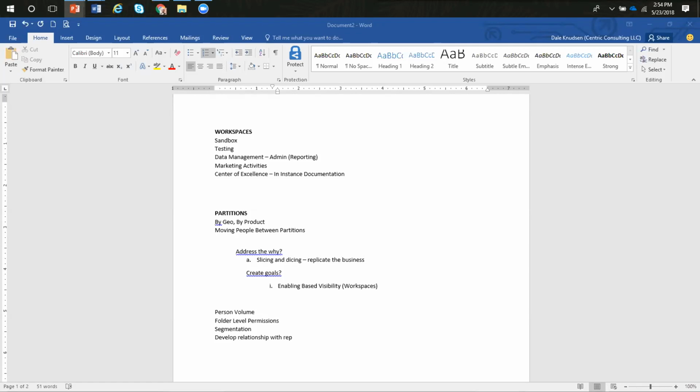As you have API connections pushing data into or out of Marketo, you don't want those to interfere with other workspaces and partitions. Even if you have workspaces and partitions in place, you still have one launch point center in that instance that writes to the database within that instance, as opposed to writing within one workspace.